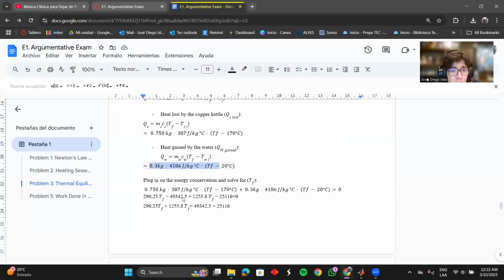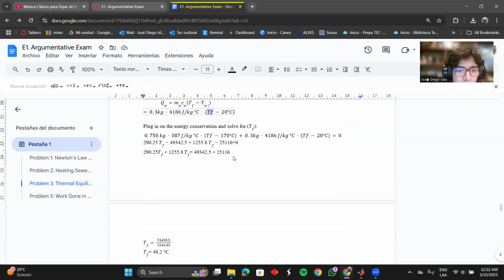Also, we know that the TF in here is equal to the TF in here. Why? Because when both things come in contact, they want to finish at a thermal equilibrium, right? So they will finish at the same temperature, even though they have a temperature difference at the start.